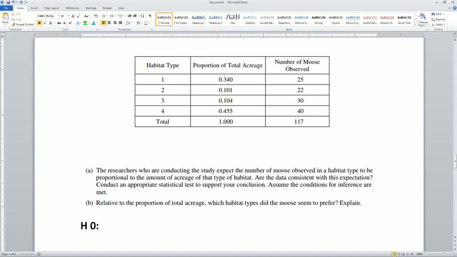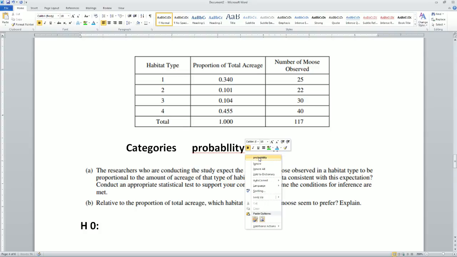Wait, wait. I just wanted to tell you this. I hope, because this is probability and this is the n, right? Do you see how this is the probability, or proportion?